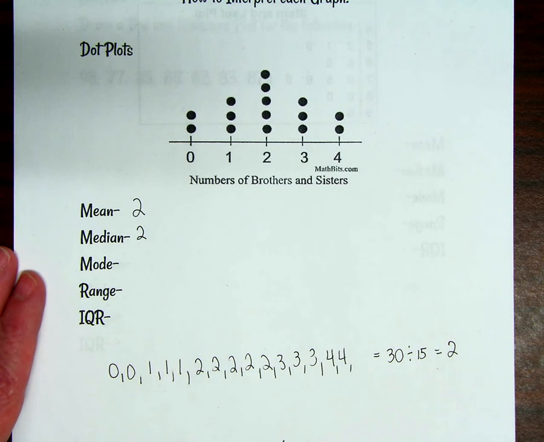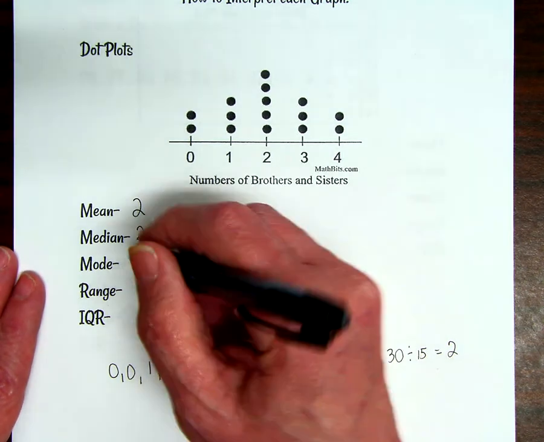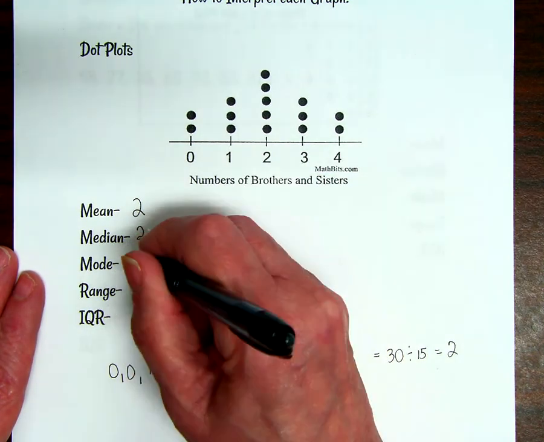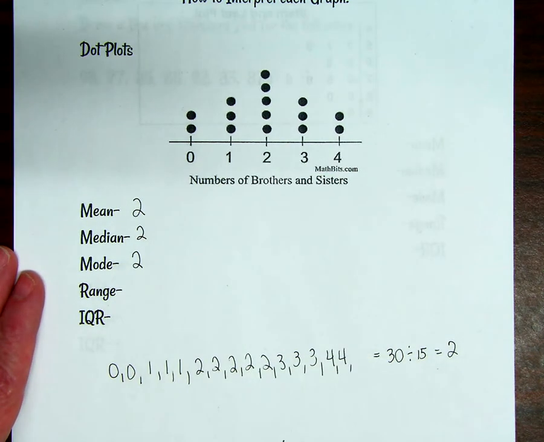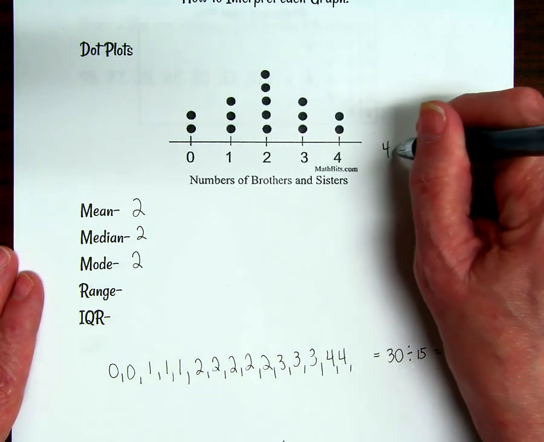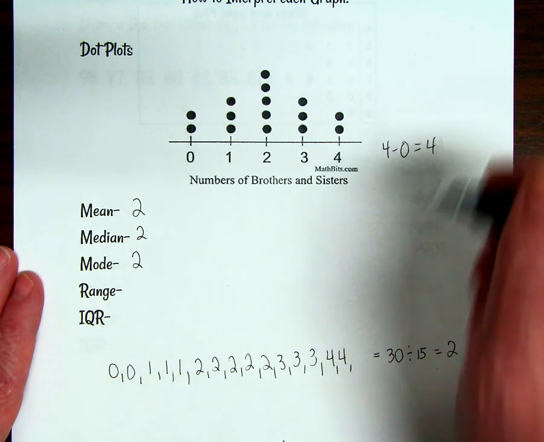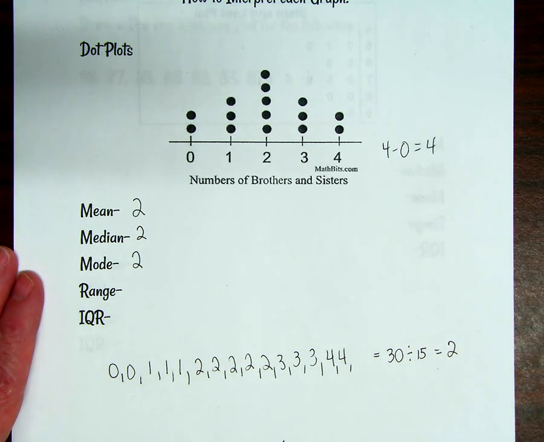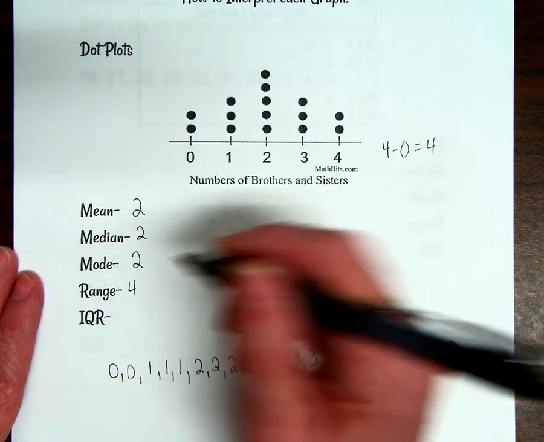Our mode is the most, and we can tell by our graph that 2 has the most represented. Our range would be 4 to 0. So 4 subtract 0 equals 4, and that will give us our range.